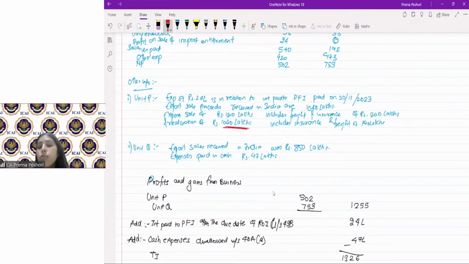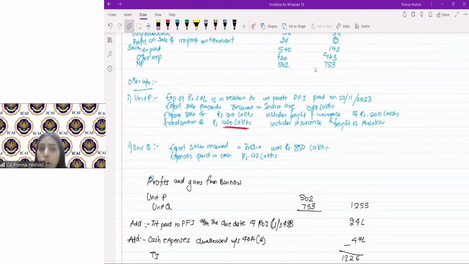Now this includes the insurance and freight of 140 lakh. So there is a CBDT circular to this effect that in calculating the export turnover we will not include the freight, insurance, and any telecommunication charges or foreign exchange charges.